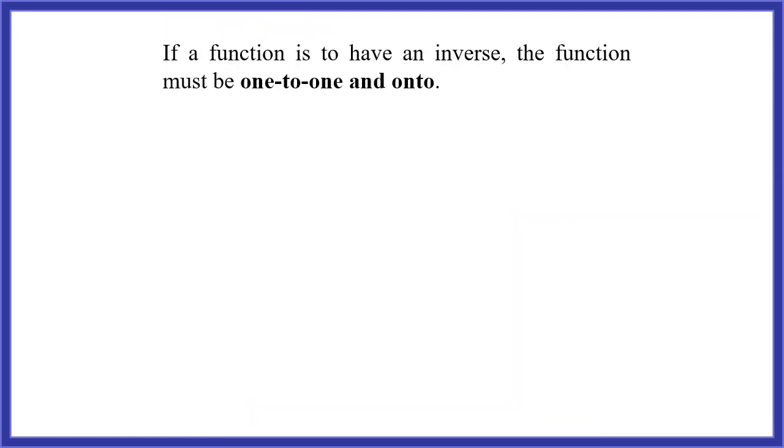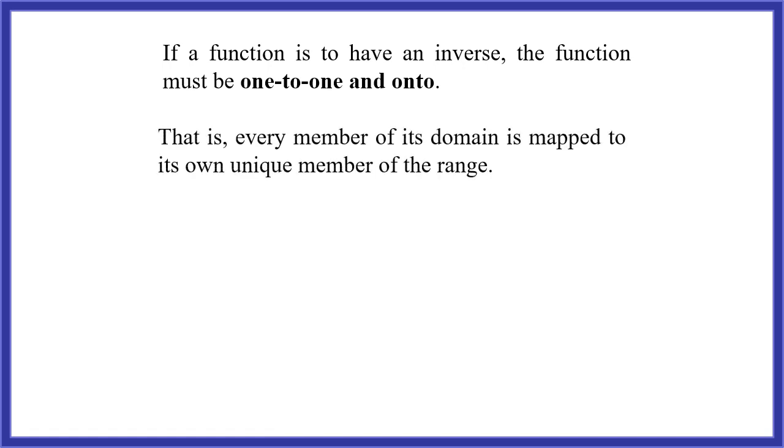If a function is to have an inverse, the function must be one-to-one and onto. That is, every member of its domain is mapped to its own unique member of the range. So all x should have a partner in y, and its own unique members.